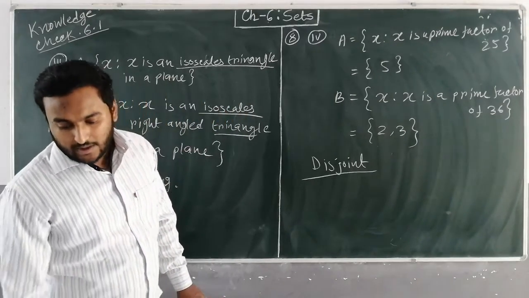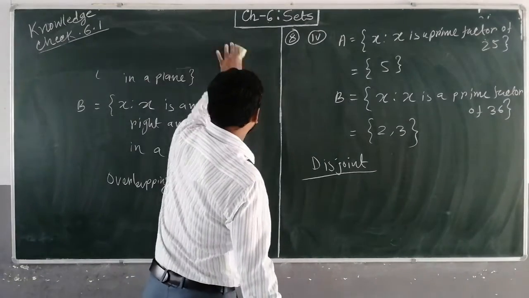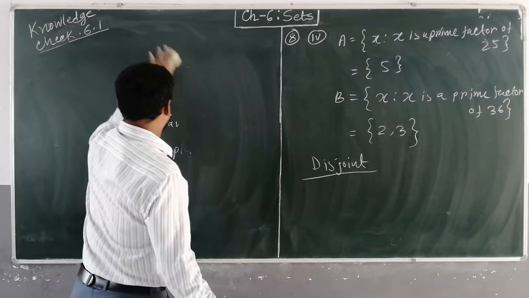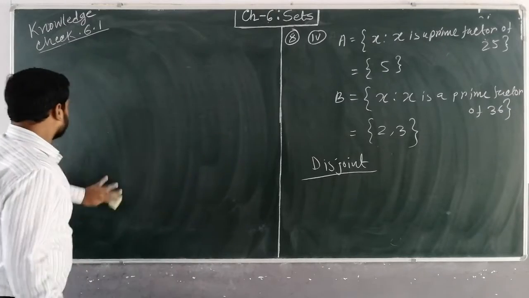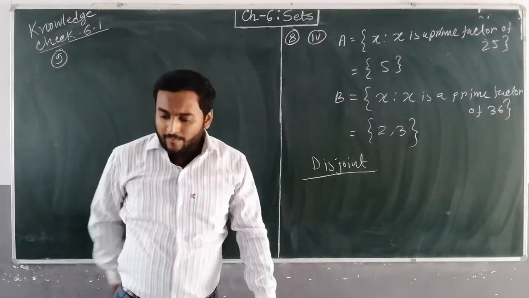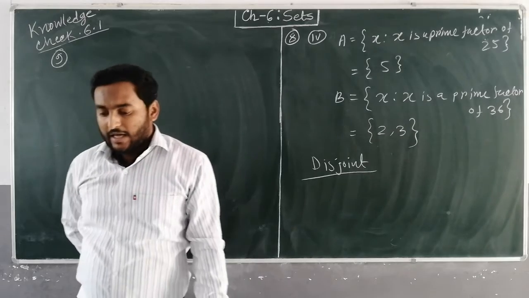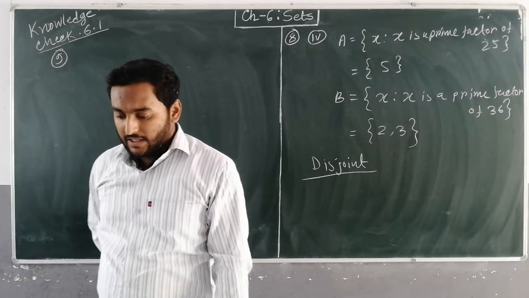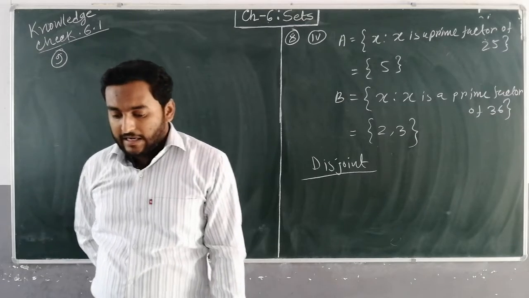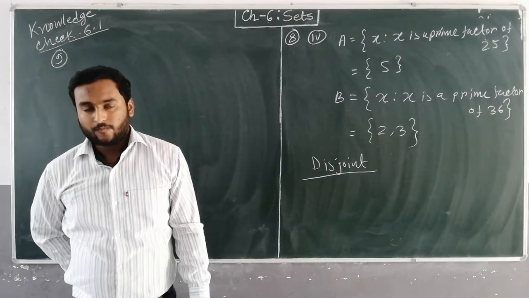Now come to the next question, question number 9. Give an example of three sets A, B, C such that A and B, B and C, and C and A are overlapping sets but no element is common to all the three sets.